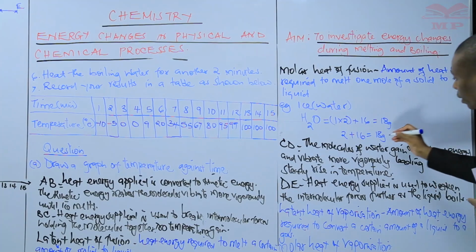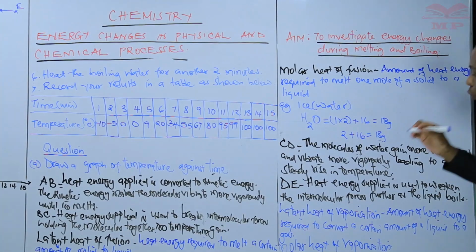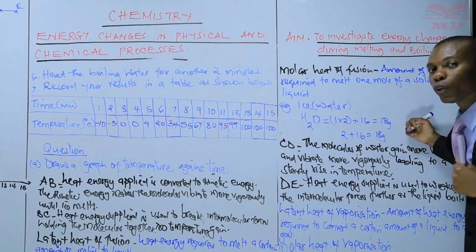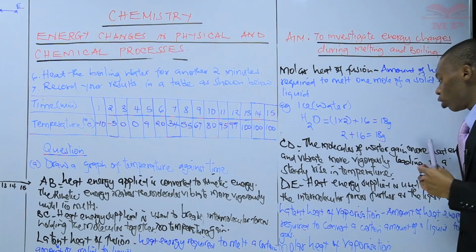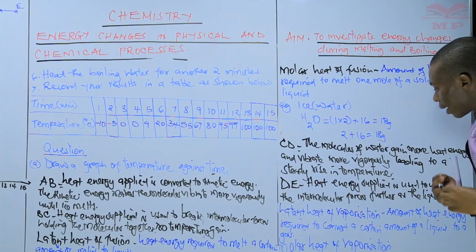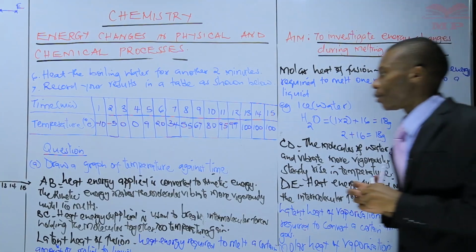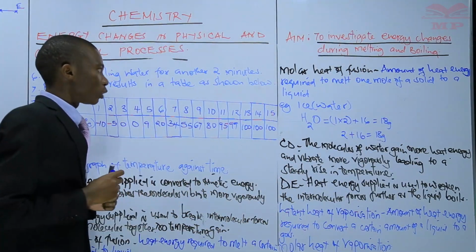And 1 mole, we have said, is 18 grams. So the amount of heat energy required to convert 18 grams of liquid water into a gas is what you're calling the molar heat of vaporization. So it is important you distinguish between those two important terms.